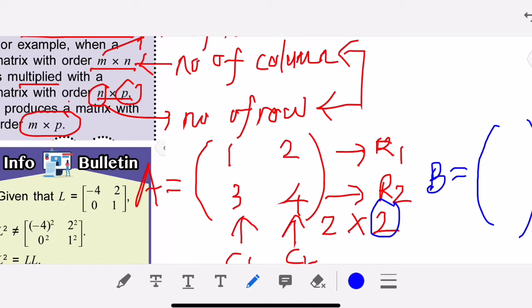So I choose an easy one, 3, 4. This matrix is 2 by 1.